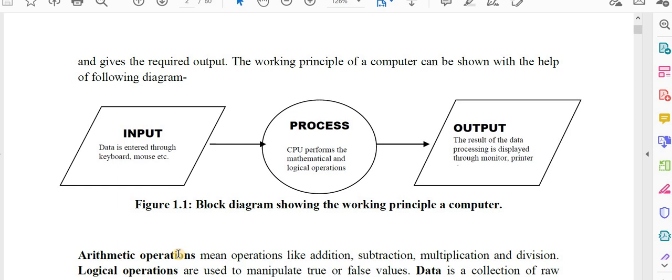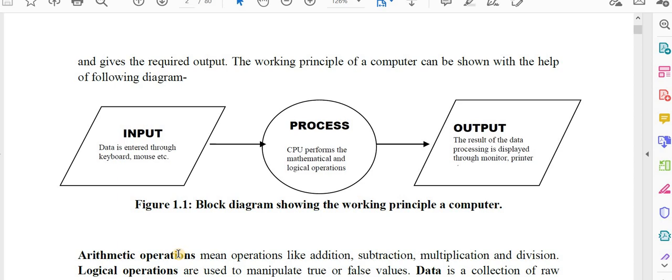I will not tell anything beyond your syllabus. That is the first important point. And the second important point is, if you don't understand anything at the time of watching this video, don't worry. Repeat the video again, or you can ask me anything you are confused about. So everything will be clear, because this paper is very simple.